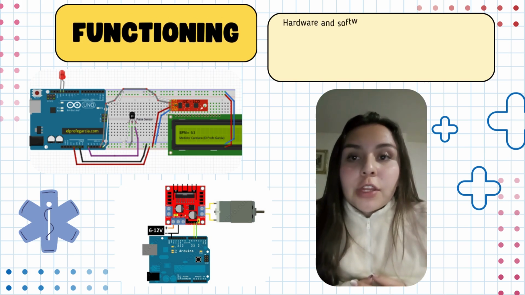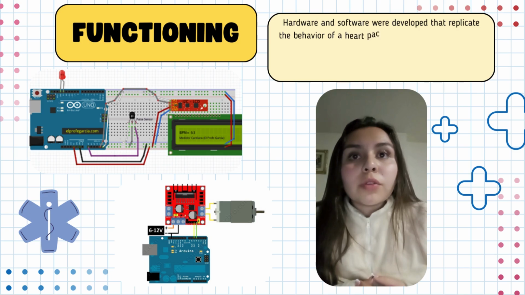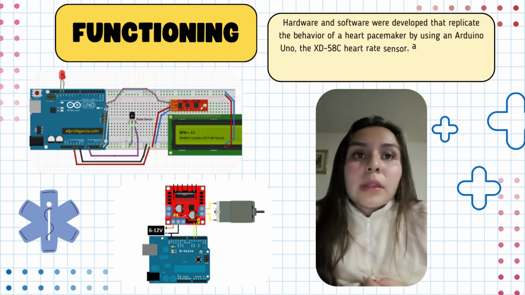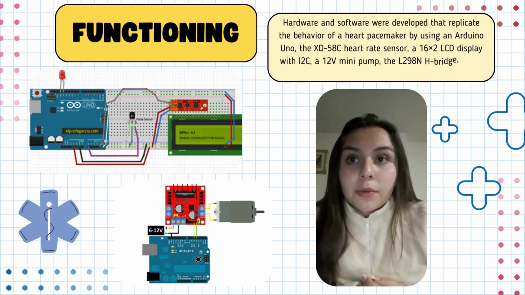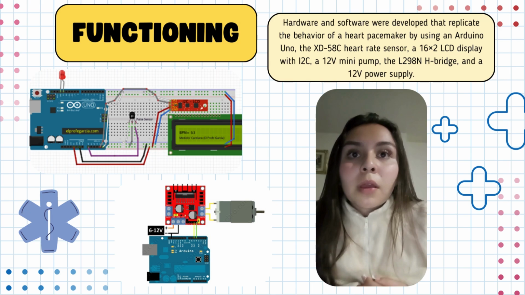First, using Arduino hardware and software, we want to create a system that simulates the operation of a pacemaker. For this, the heart of the project is the Arduino Uno.